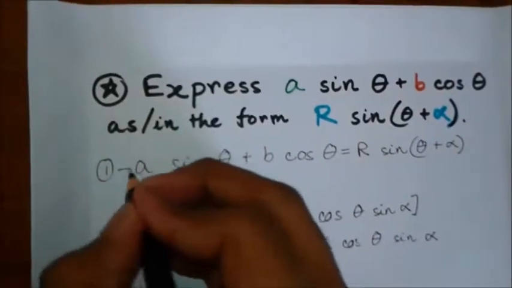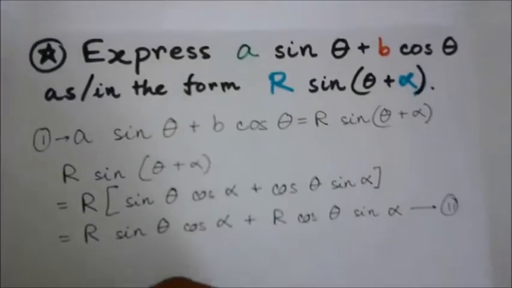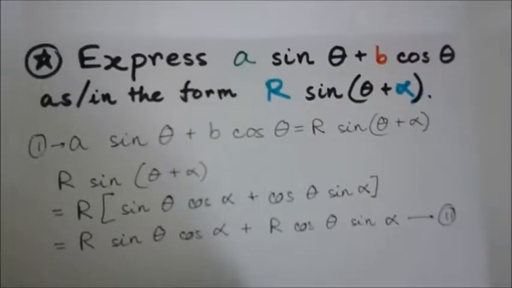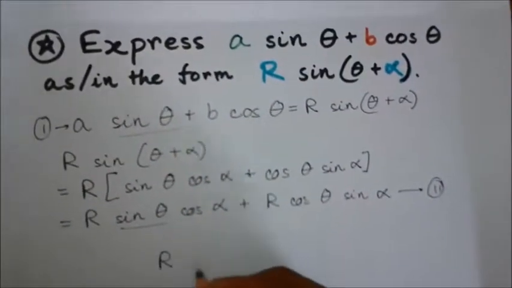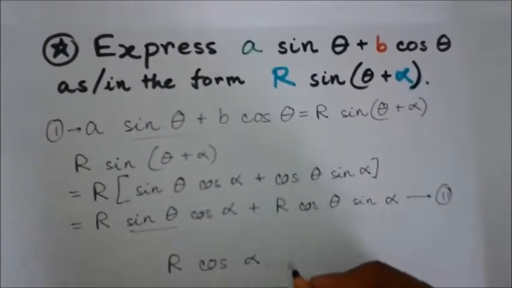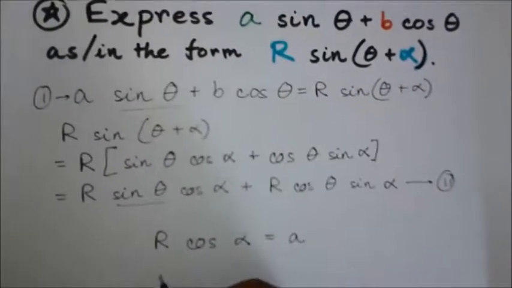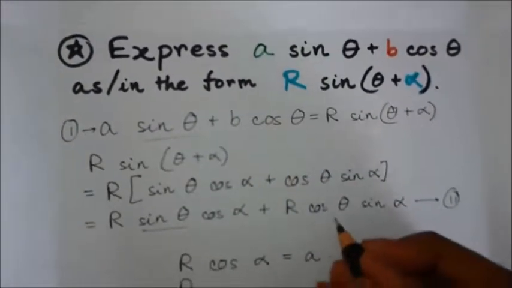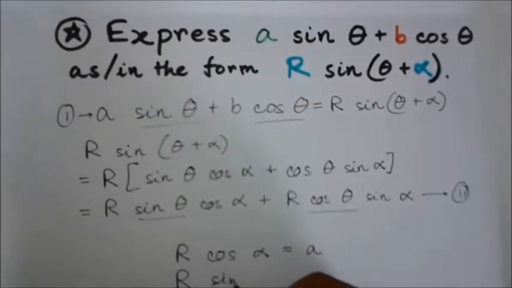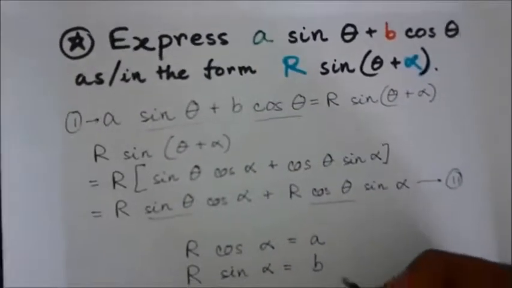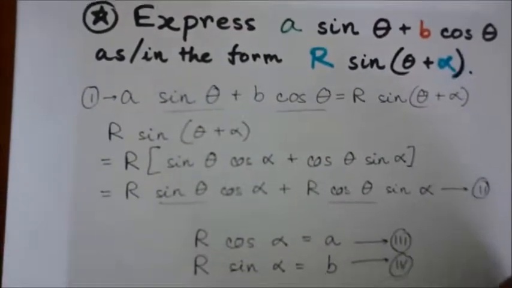So if we call this equation 1 and this one equation 2, equating the coefficients of sine theta, we can write r cos alpha is equal to a, and r sine of alpha is equal to b. We can name these equations 3 and 4.